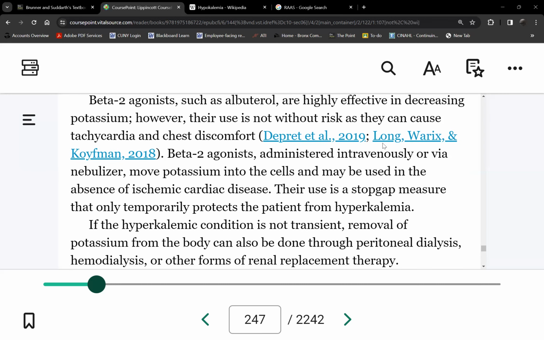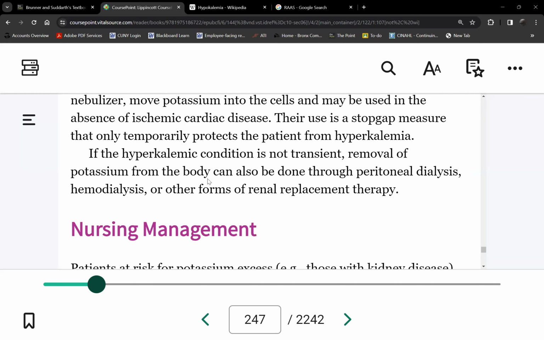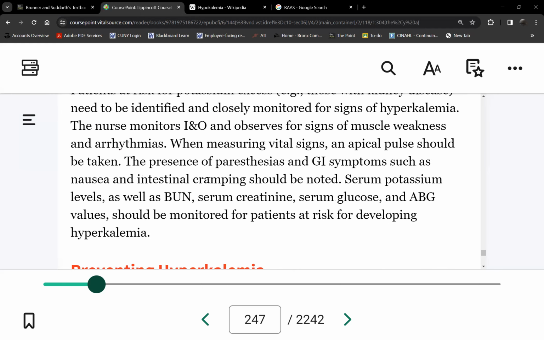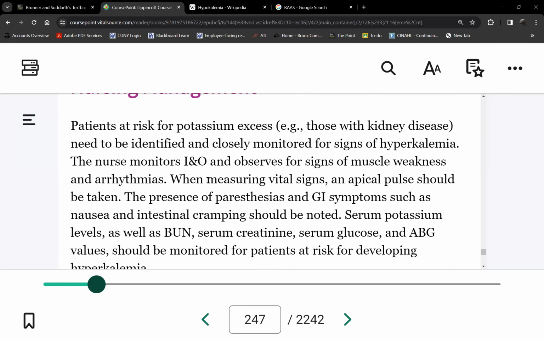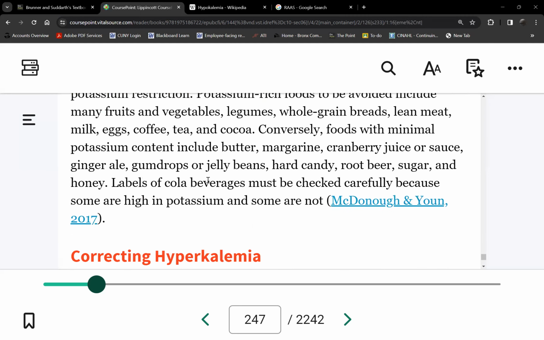So you can give this through a nebulizer, but I wouldn't do this option first. I will go with the other three first before the nebulizer. So throughout, until you fix the problem, you'll have to monitor the patient closely, especially the kidney function.